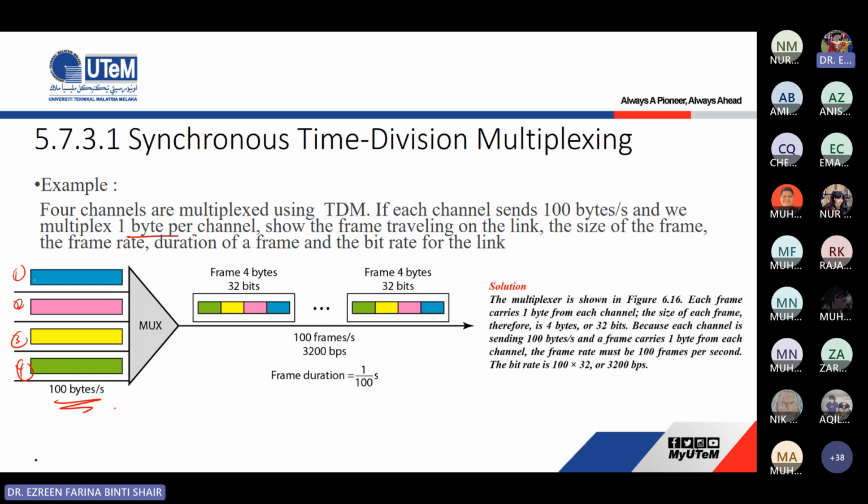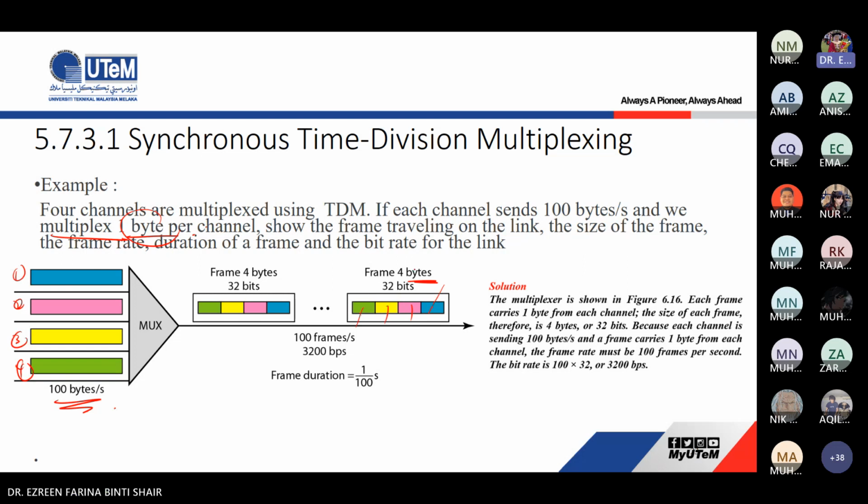The first frame will take 1 byte from channel 1, 1 byte from channel 2, 1 byte from channel 3, and 1 byte from channel 4. Because we multiplex 1 byte per channel, one frame consists of 4 bytes.